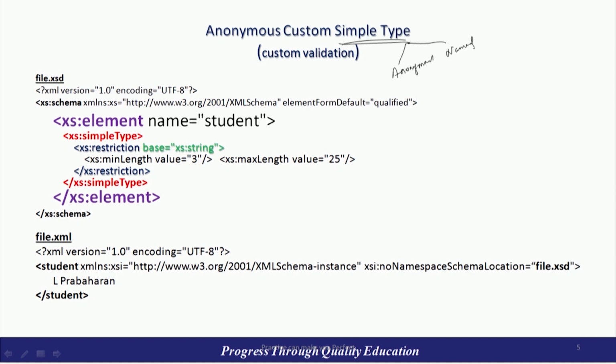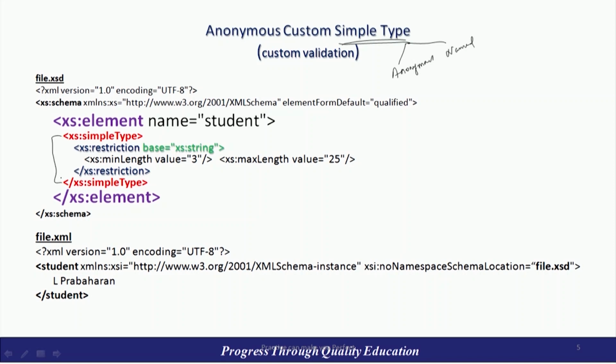Anonymous, in the sense the simple type definition does not carry any reference or any name for it. If it is having a name, then the simple type can be used for defining other elements, other attributes. Look at this.